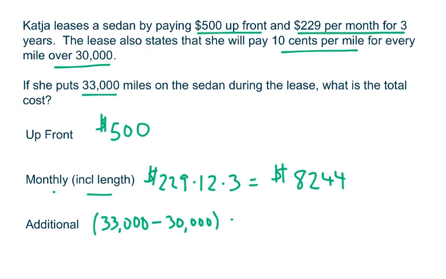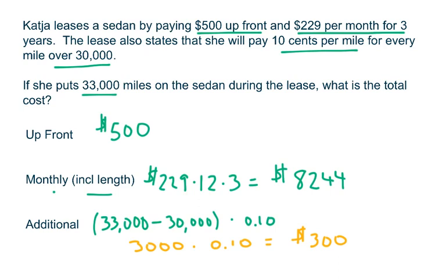And then I need to multiply that by the 10 cents per mile that she's going to get charged. And so what I have here is 3,000 miles that she's going to get charged for, multiplied by the 10 cents per mile that she's going to have to pay for those miles, and that's an additional cost of $300.